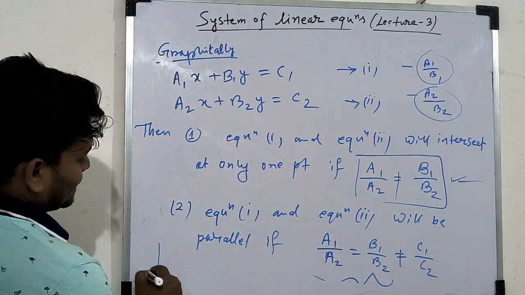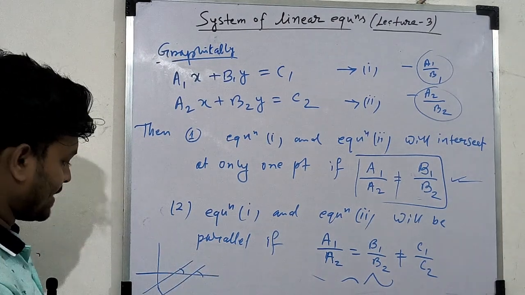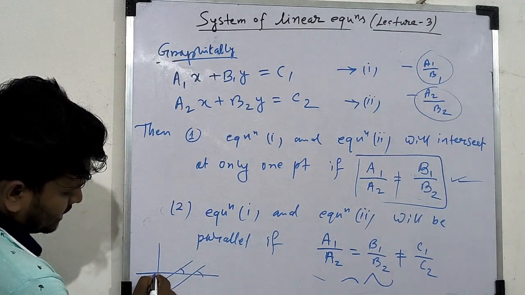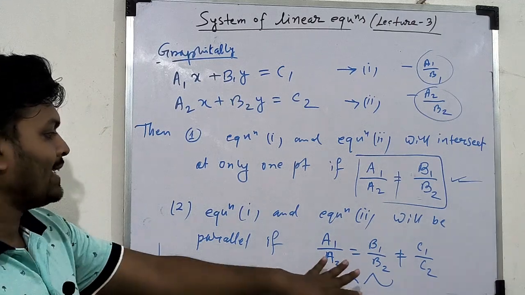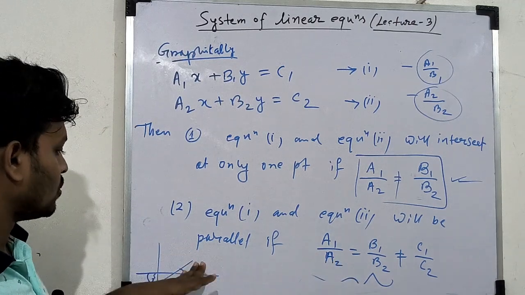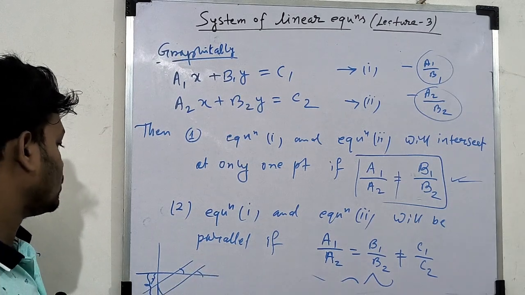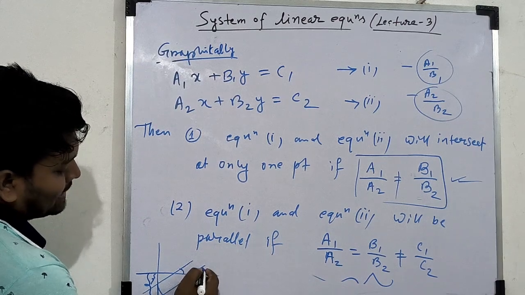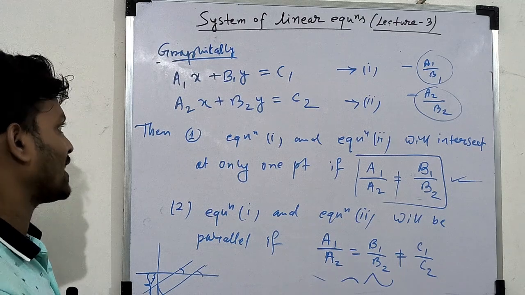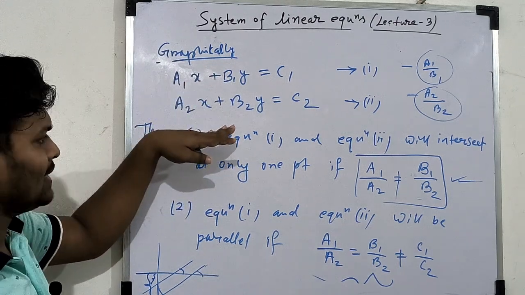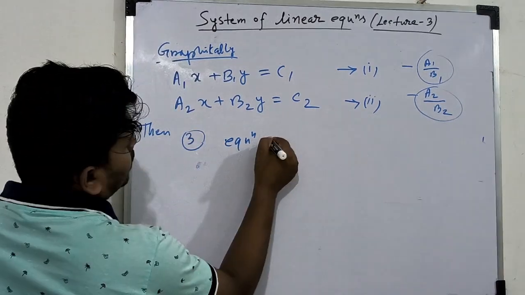For both lines the angle is the same, but the y-intercept for this line is this negative, and for this line it is this. So the y-intercepts are different for two parallel lines, and the slopes are equal. Then these lines will be parallel, and there exists no point at which the two lines intersect. That's why whenever you are given two parallel lines in a system, the system will have no solutions.